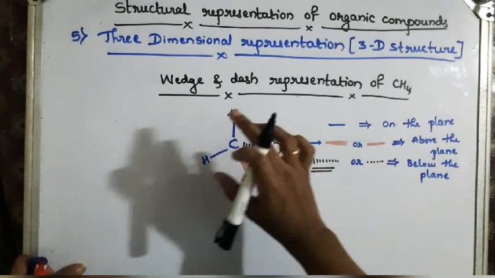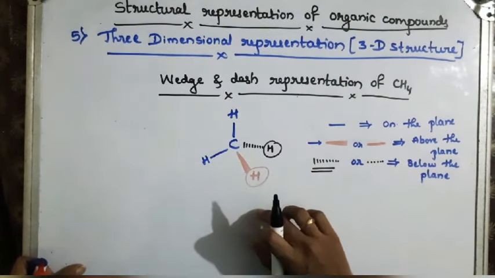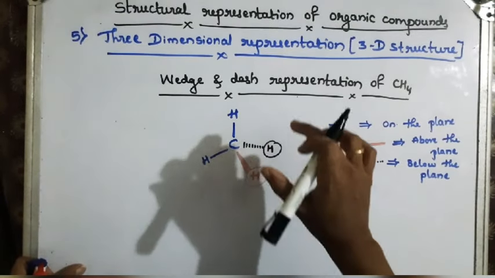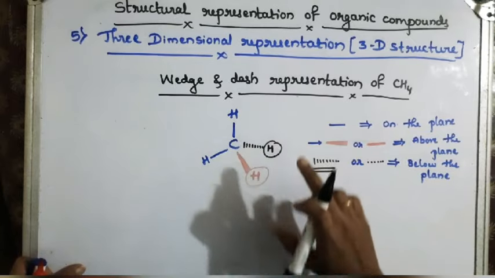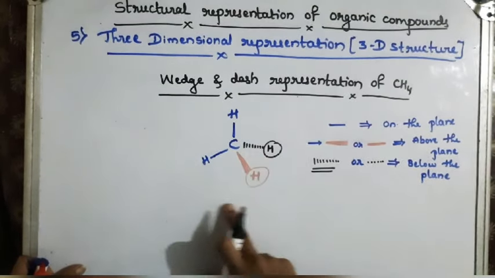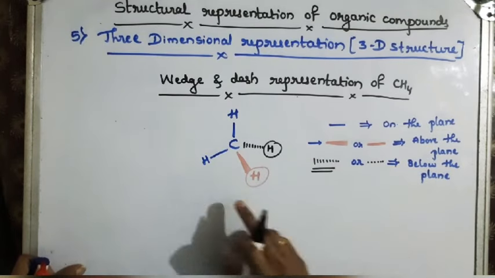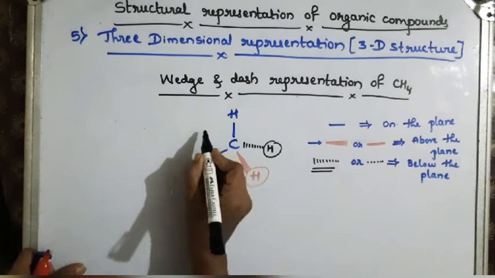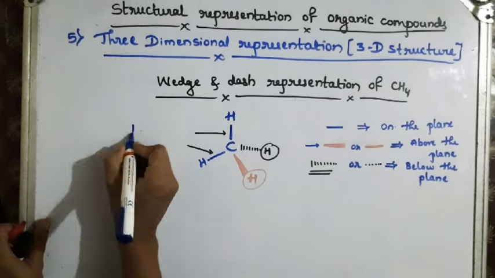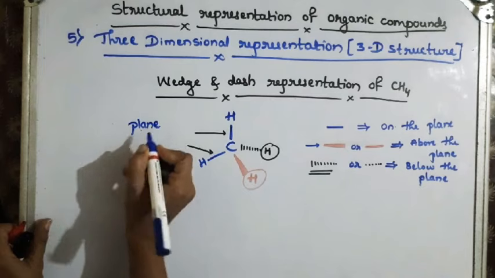So this is how we represent the methane molecule using a two-dimensional representation. This is the solid wedge or wedge and dash representation of the methane molecule. And remember, these two are the hydrogens which are bonded in one plane.